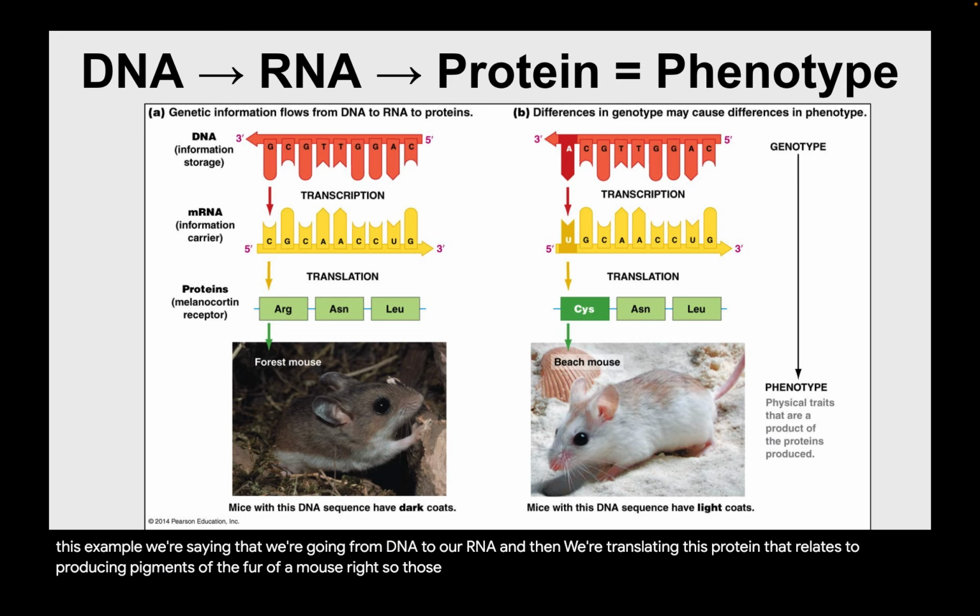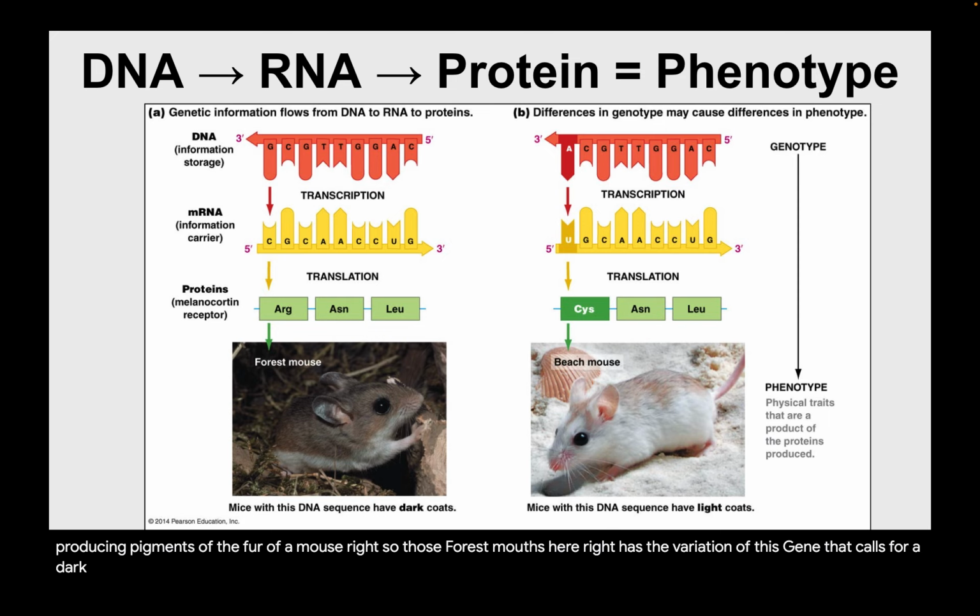This forest mouse has the variation of this gene that calls for a dark coat. This other mouse, the beach mouse, has a different allele being expressed, a different version. This version has a slightly different DNA sequence.